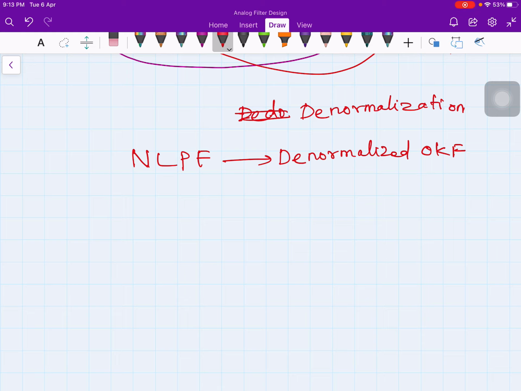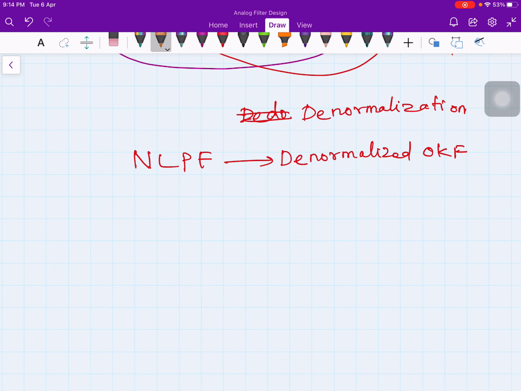And in order to keep the symbols tractable, we will use capital S, otherwise you will get confusion. Let me use capital S for the normalized low pass filter, and small letters for the denormalized low pass filter or high pass filter or whatever it is. So this is the nomenclature that we will use.